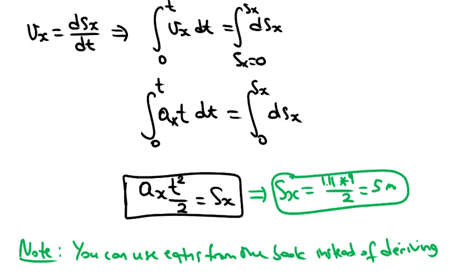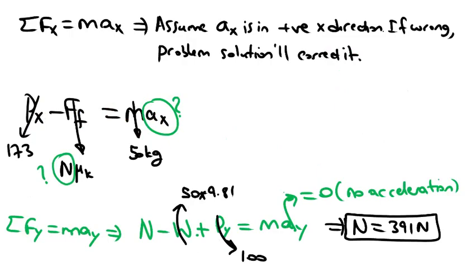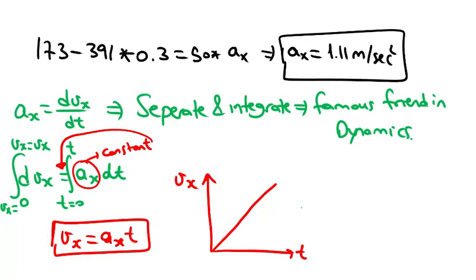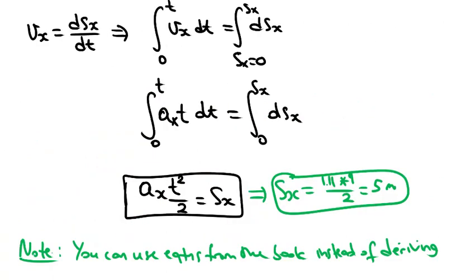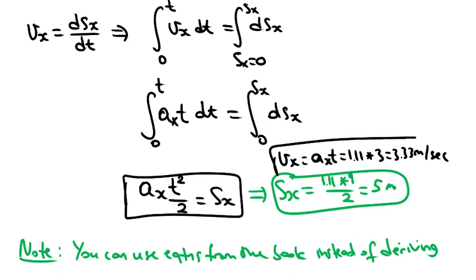Let me check that I didn't make any mistake. Okay, yes. And then vx will be ax times t, 1.11 times 3, which is 3.33 meters per second. Okay, that's the end of the problem. So see you in the next problems.